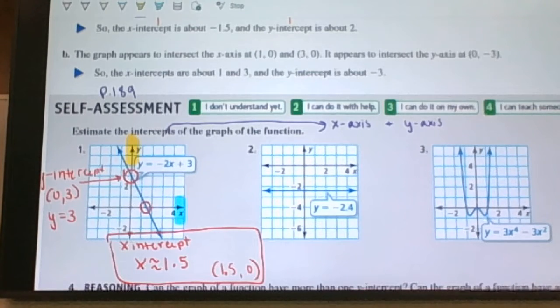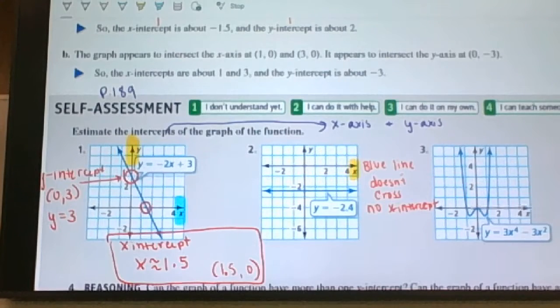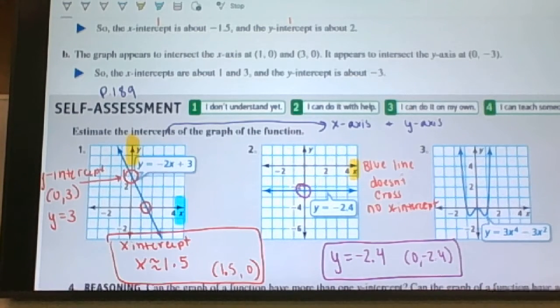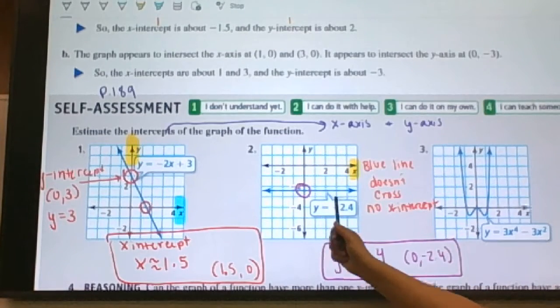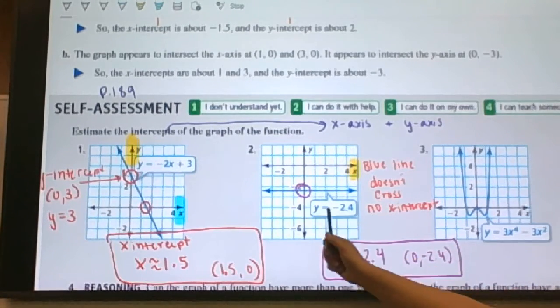All right, so in number 2, when I look at the x-axis, it never crosses. So there is no x-intercept. None. The y-intercept right here I know is exactly at negative 2.4 because it tells me where the line is at negative 2.4.